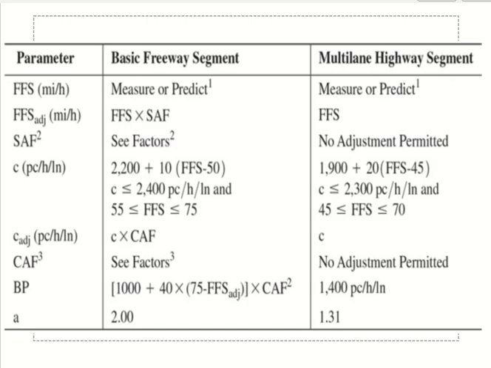I will use the equation plain and simple: 1000 plus 40 minus 75 minus free flow speed. That's it. You forget about the adjustment. How much is the breakpoint? 1690.